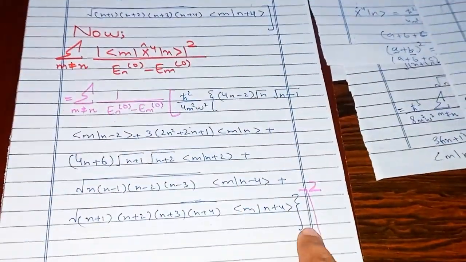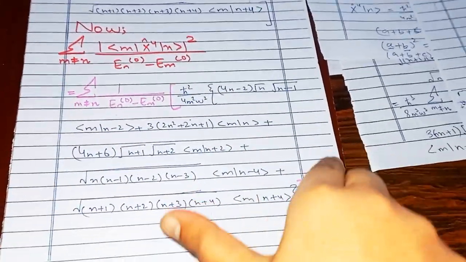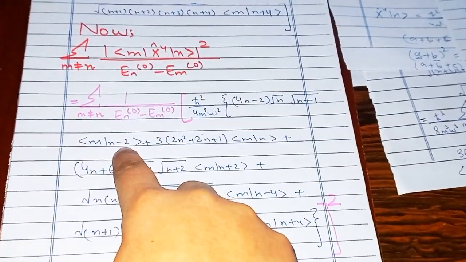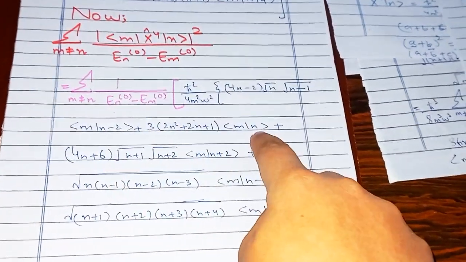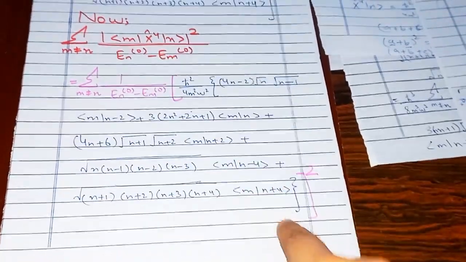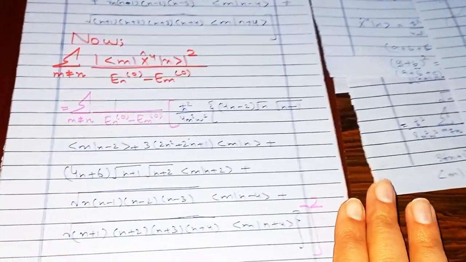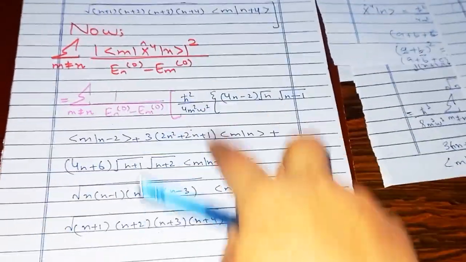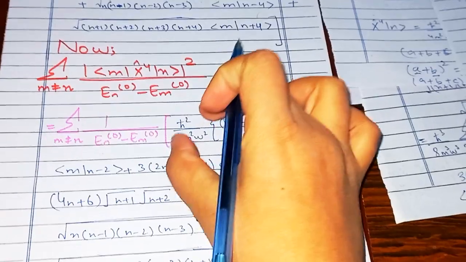Before opening up the square, you are supposed to simplify all the kets so that they are all different. In the first term it's n minus 2 ket, then n, n plus 2, n minus 4, n plus 4. All the kets are different, hence this holds, and we get the square of individual terms.